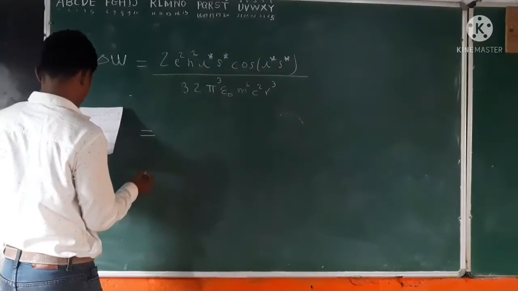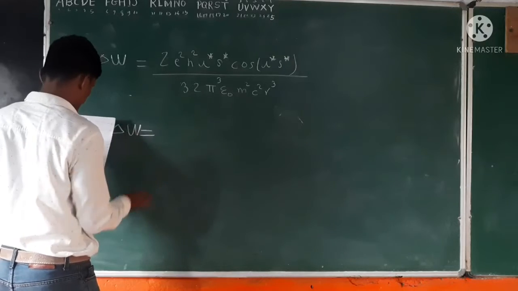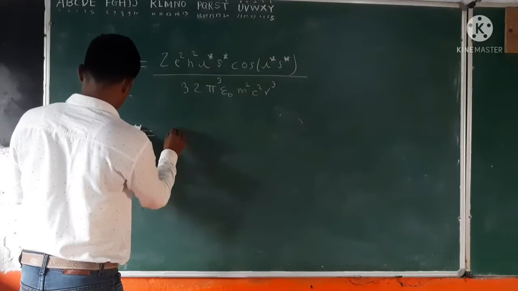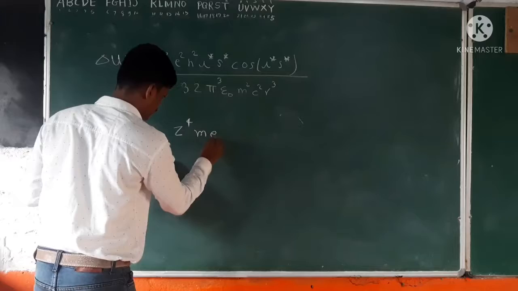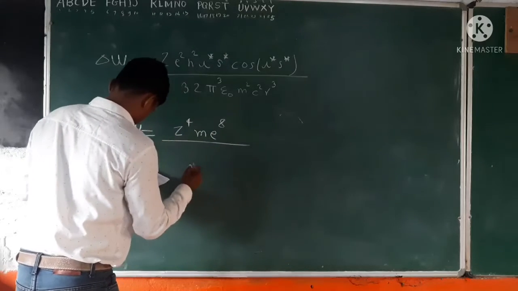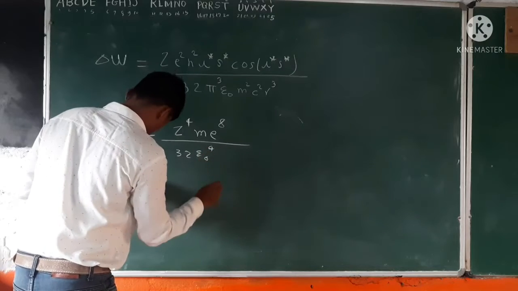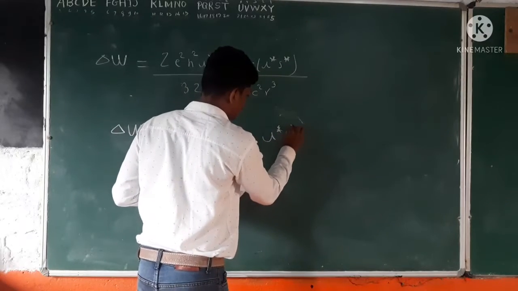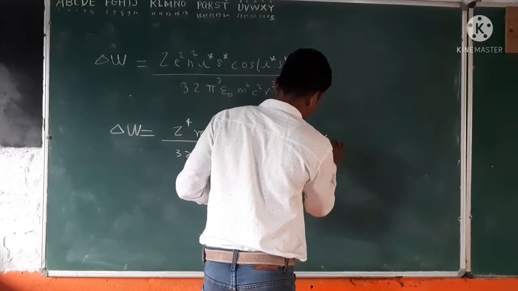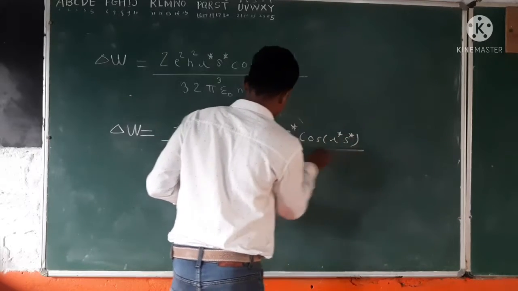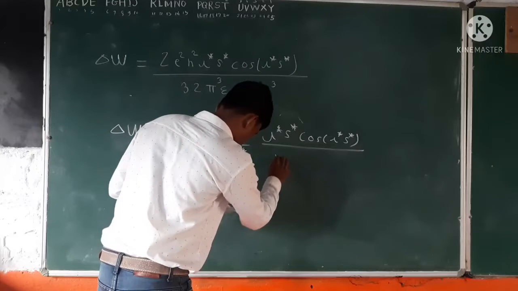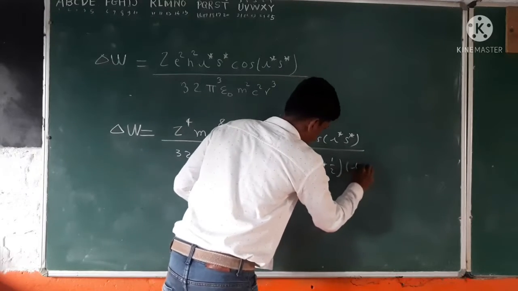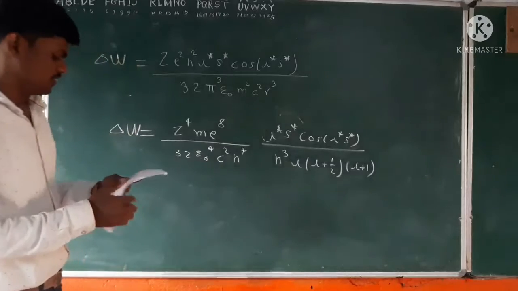So the resultant value of capital W will be Z to the power 4, you can calculate this on your own, so simple. 32 epsilon naught to the power 4 c squared h to the power 4, h Planck's constant, then L star S star cos L star S star, divided by n cubed, l, l plus half, l plus 1. So this is the result of interaction energy.